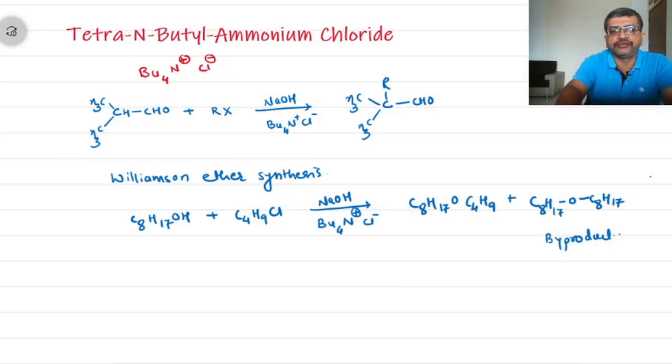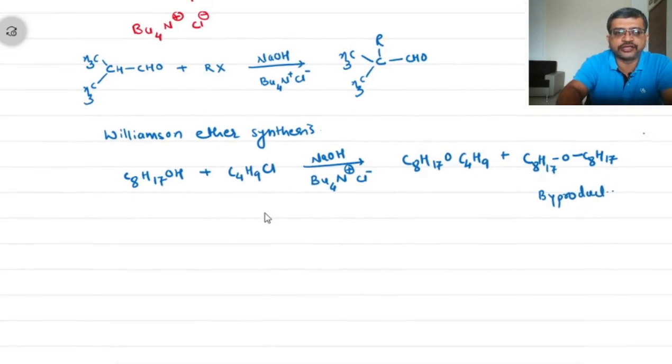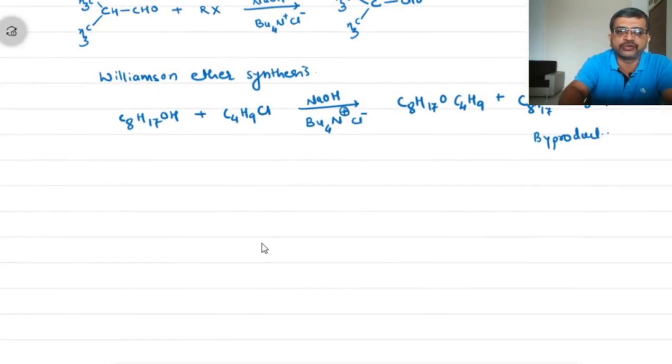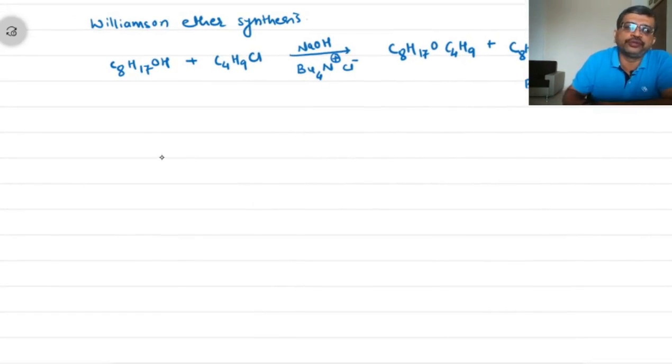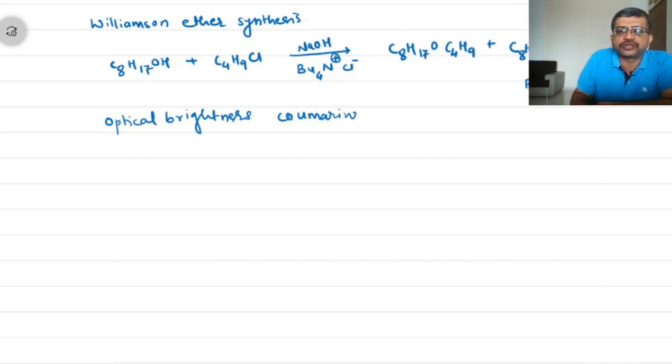So these are a few reactions. Similarly, tetra-N-butyl ammonium chloride is reported to be used for synthesis of optical brighteners, such as coumarin derivatives, which can be easily synthesized using this catalyst.